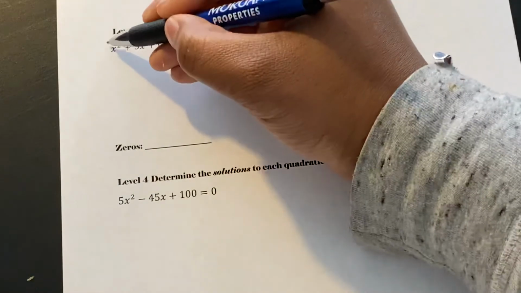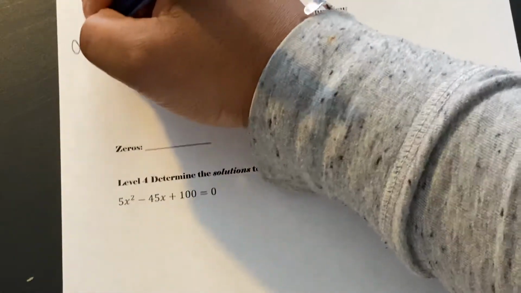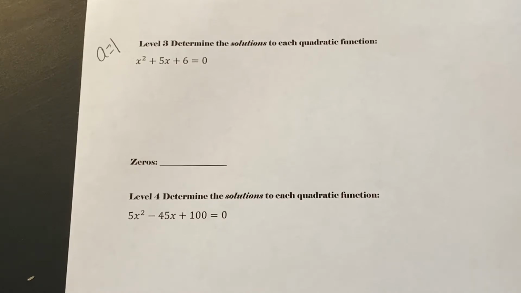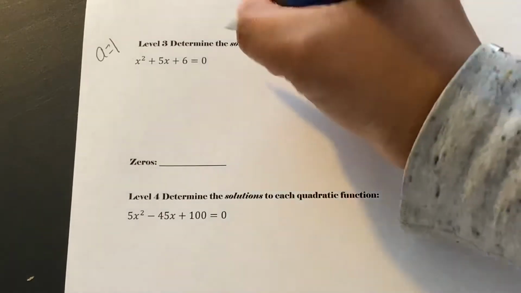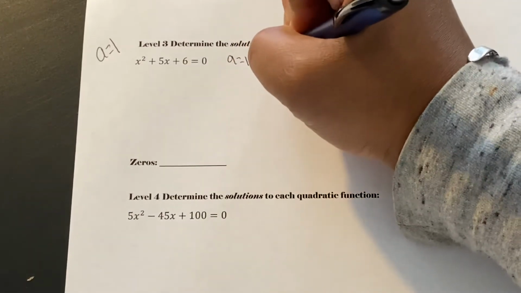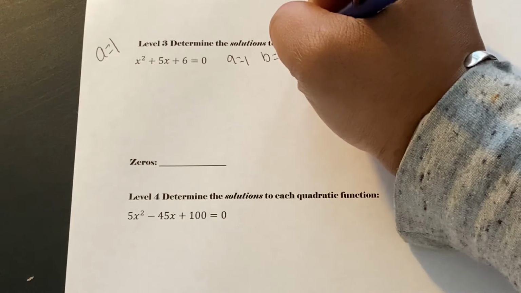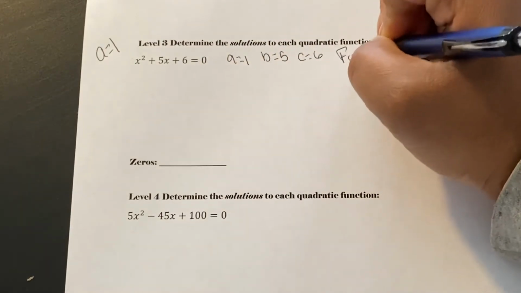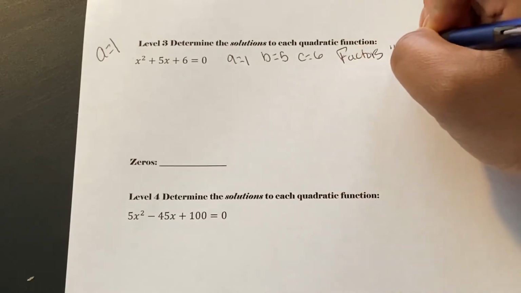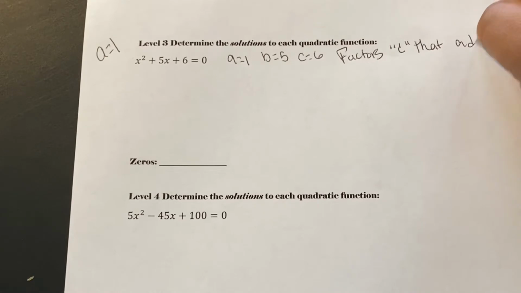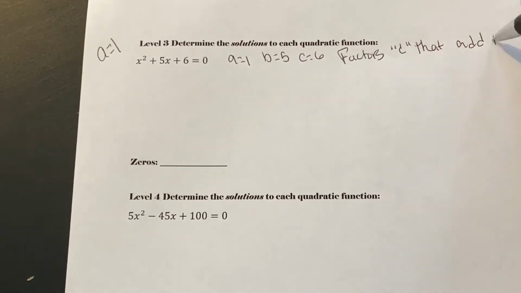Here you can see that the a term is equal to 1. Okay, so I'm going to use that method where the a term is equal to 1. All I have to do is find the factors of c that add to make b.